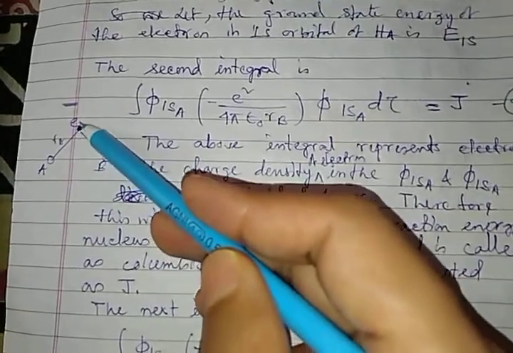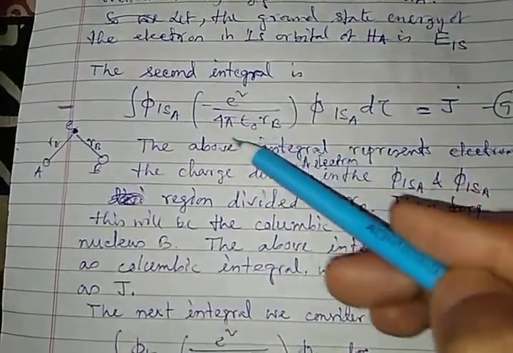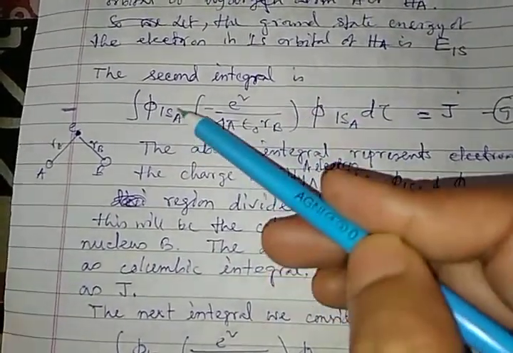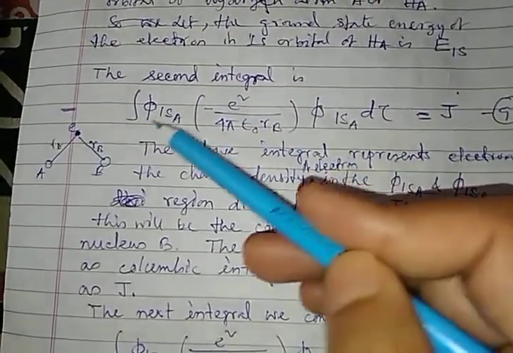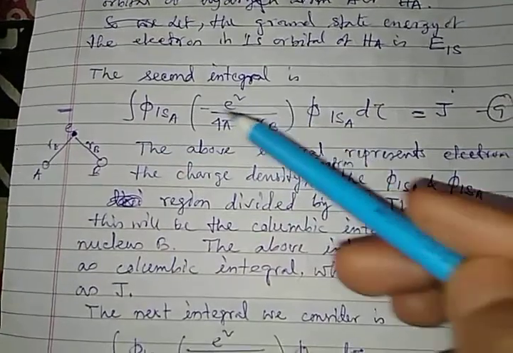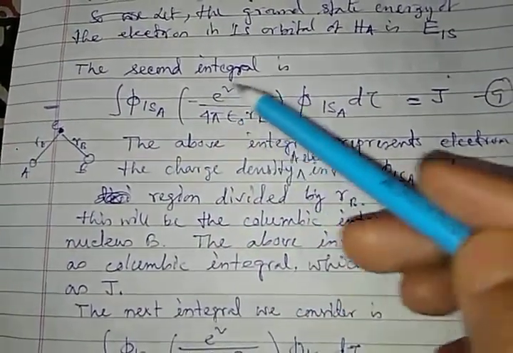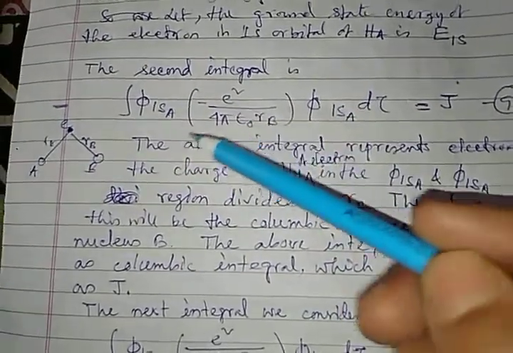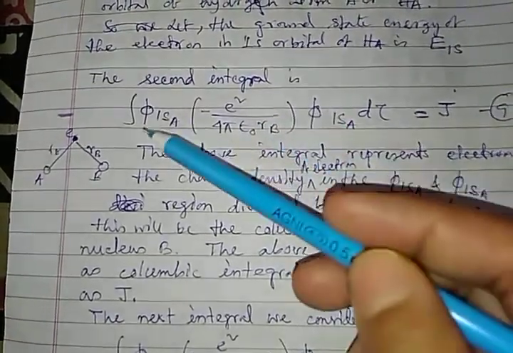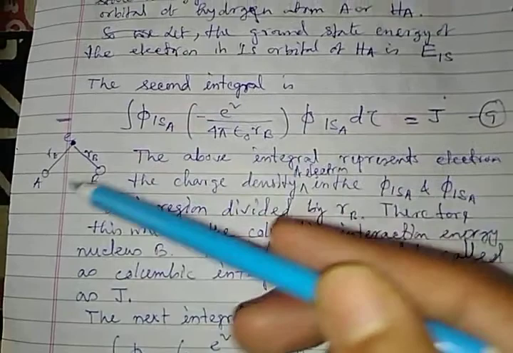Because this quantity is not dependent on phi 1sA and phi 1sB, these two quantities will be constant, or they will not be operated on. These two terms will yield phi 1sA square, which is basically the electron density.